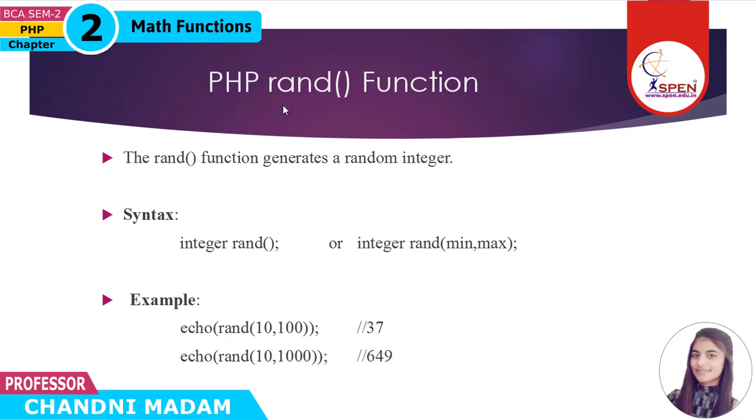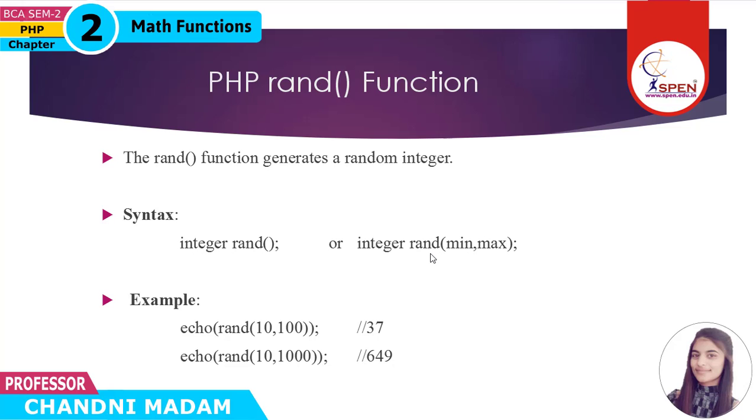Here our next function is rand, that means random number. After executing, this function will give a random integer number. The rand function has two syntaxes. First is rand with no argument, and second is rand with two arguments. If we do not pass any argument, then this function generates a pseudo random number, and after executing it will give an integer random number.